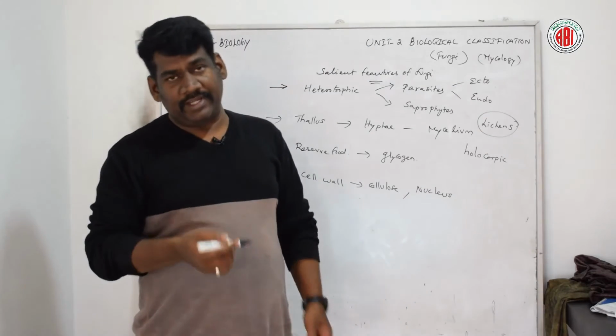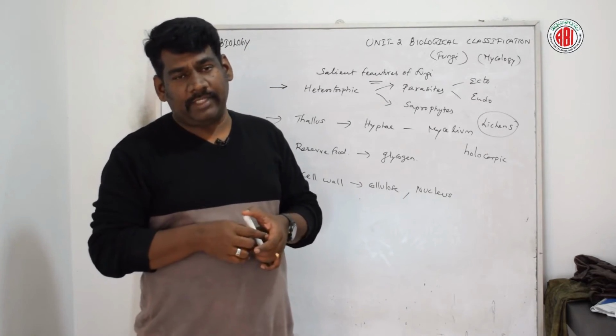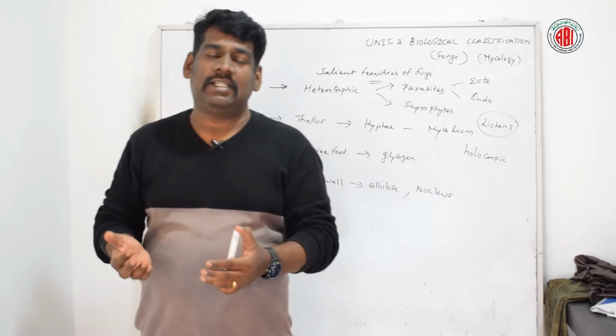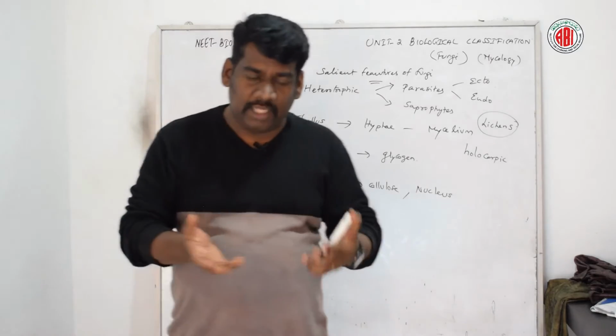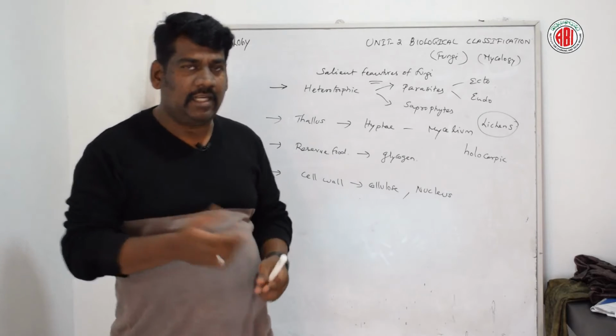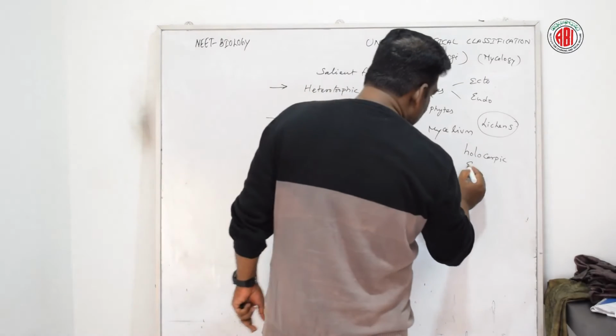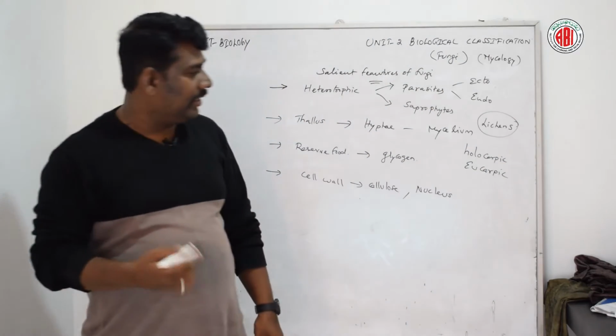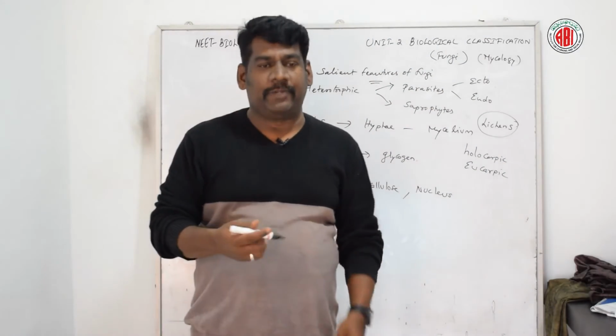There are a few fungi that form multiple cells which convert into their reproductive structure, or the entire thallus body converts into the reproductive structure. These are called eucarpic. So this is based on the mode of reproduction.